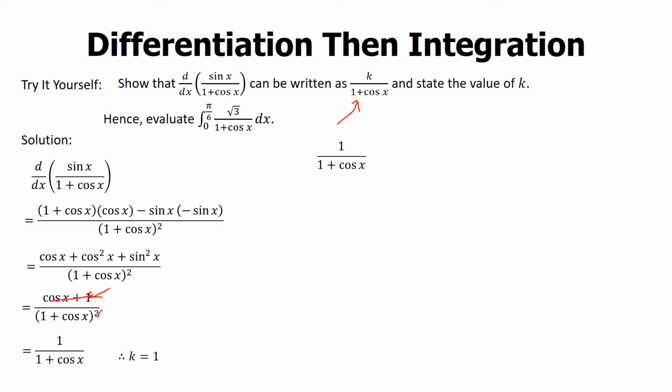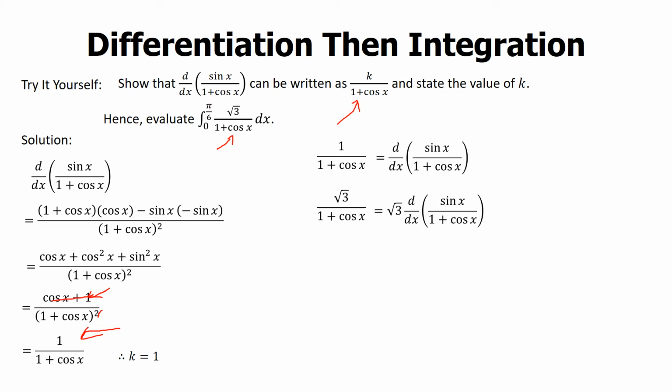Okay, now the next one, we want to integrate this expression. So we start from the differentiation result we got, which is 1 over 1 plus cosine x equals d over dx of sine x over 1 plus cosine x. So then we can multiply by root 3: root 3 over 1 plus cosine x equals root 3 times d over dx of sine x over 1 plus cosine x.